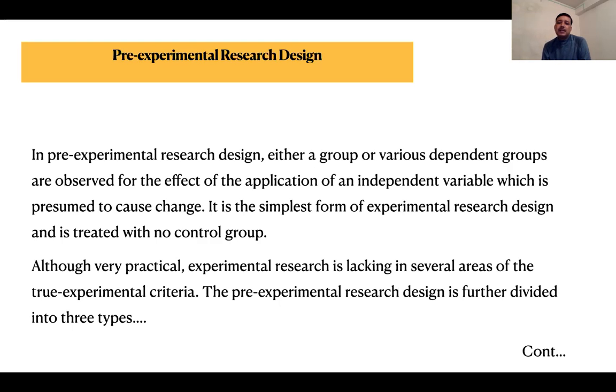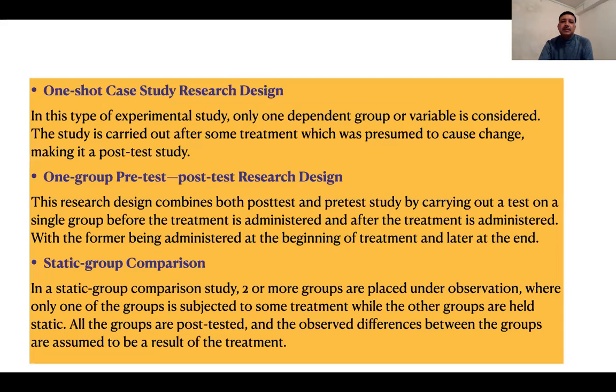The pre-experimental research design is further divided into three types. The three types are one-shot case study research, one group pretest post-test research design, and static group comparison. These are the three types of research design. We will come to the first one, the one-shot case study research design.